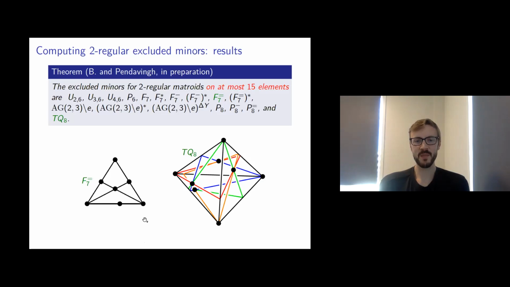So one of them is this matroid here that you get when you take a non-Fano matroid and relax one more of the circuit hyperplanes. And another one is this matroid that I've called here TQ8 for no apparent reason. Geometrically, if you take a tetrahedron with a point on each of the vertices, and then you place a point on each of the faces such that you have symmetry between the points on the faces and the original points.